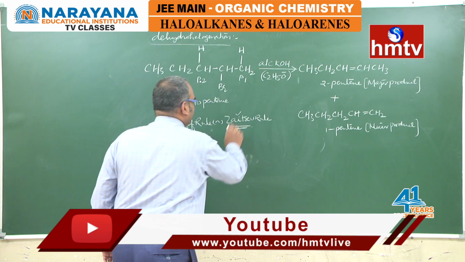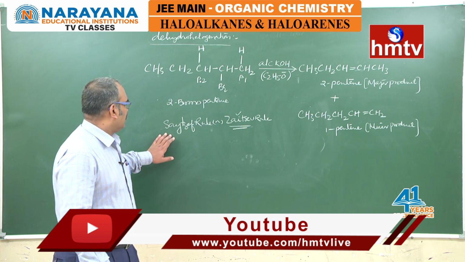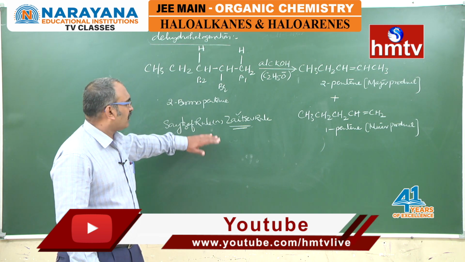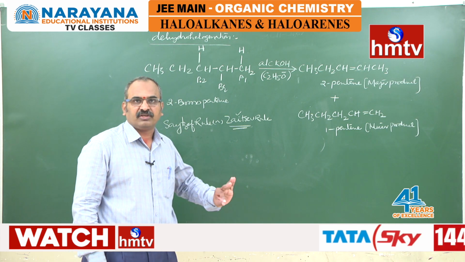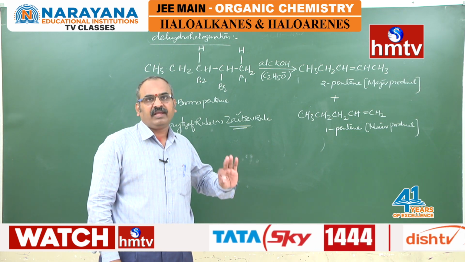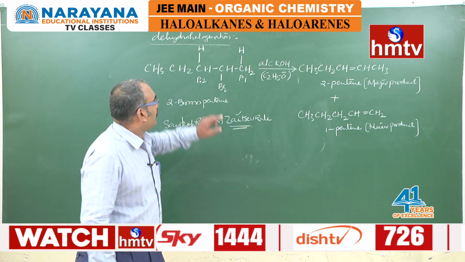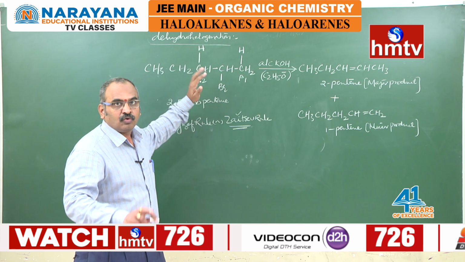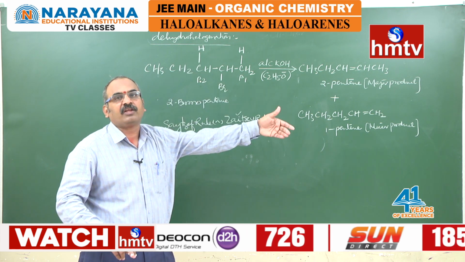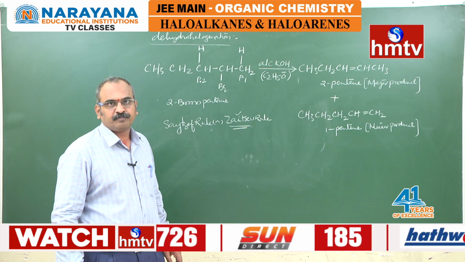Actually the name is Zaitsev, but it is pronounced as Saytzeff. The rule states that during dehydrohalogenation, the base preferably eliminates the proton from the beta carbon having less number of hydrogens to form the more substituted alkene as major product.